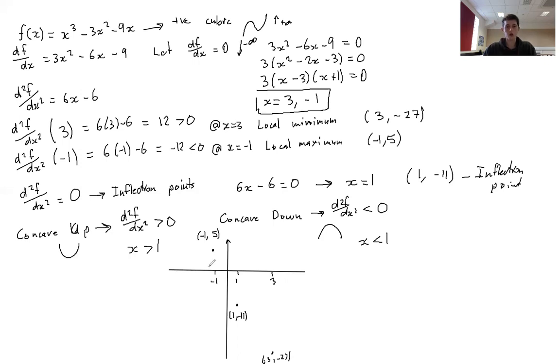Obviously, if you've got a pen and paper, it's going to be much easier to sketch. But our graph is essentially going to look like this. Just note that at x equal to 0, this function will also be equal to 0. So it may not look like I've done it perfectly here, but it should cross through the point 0, 0 as well, and then curve up like this.